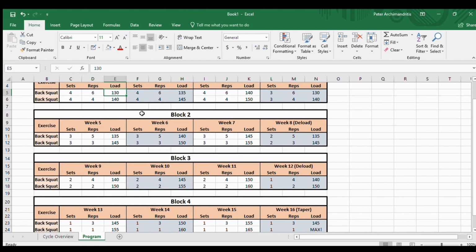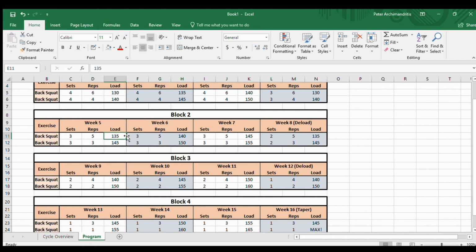The second block here is essentially exactly the same concept, but all we have done is we've reduced the sets to reduce the volume slightly and reduce the reps in both weeks. And then simultaneously, we've increased the load slightly. So again, this is just arbitrary increases. I've just put an extra 5 kilos and we're going to wave up in the same way as we did in the last block.